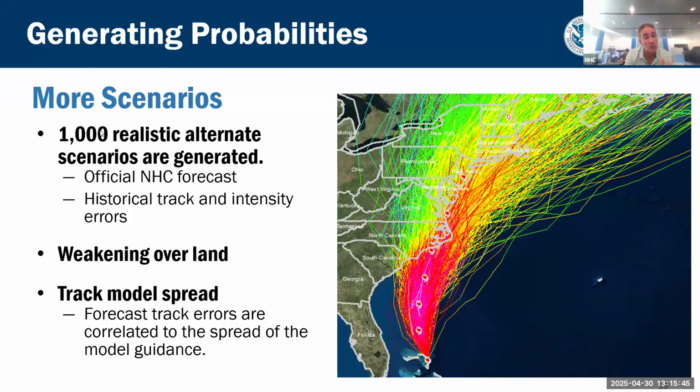Now, the technique also knows where land is. If you look at that animation on the right, you'll see that the colors change from red and purple to yellow and green. That just means it's weakening over land, and that's important. And to some degree, it knows about track model spread. So when the models are all over the place and you can see them diverge, these solutions span out a little bit. And when the models are tightly clustered, these solutions zone in some. So hopefully that all makes some sense.